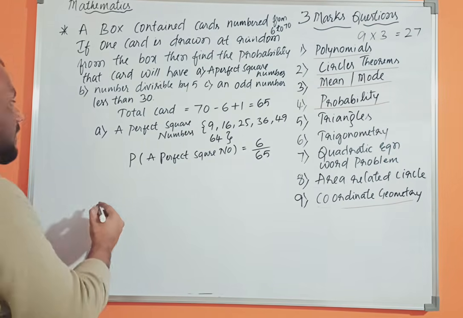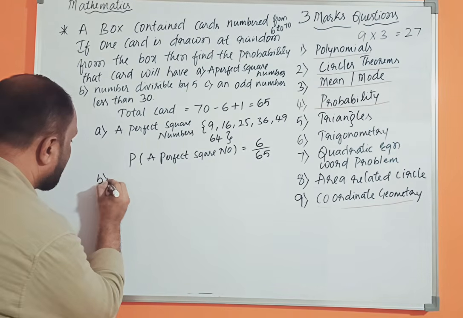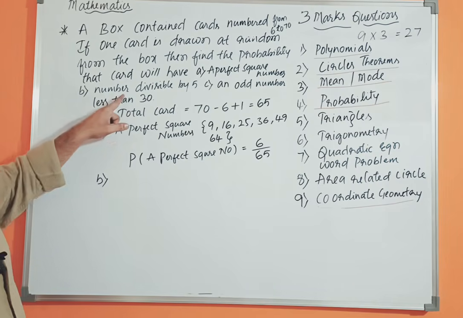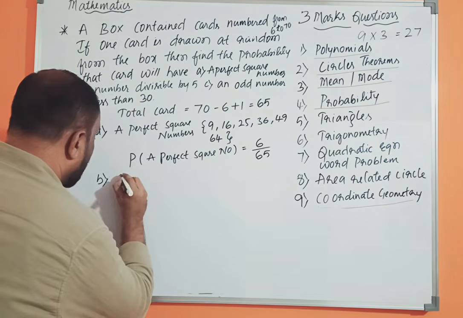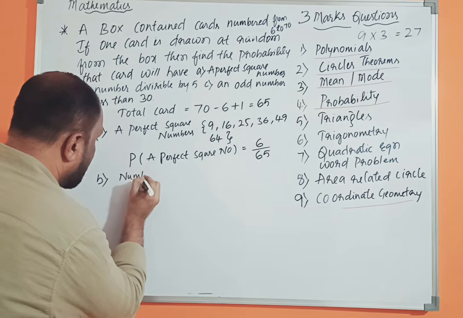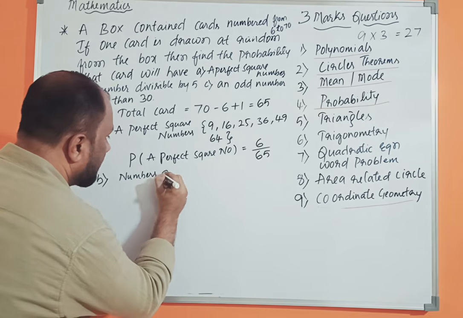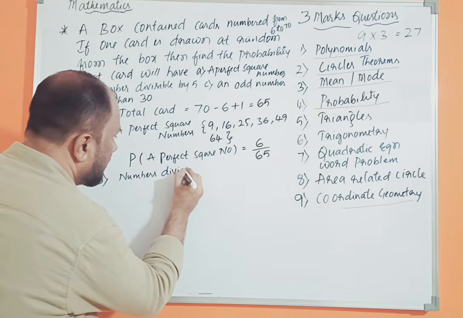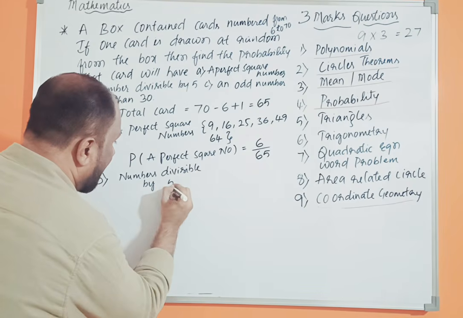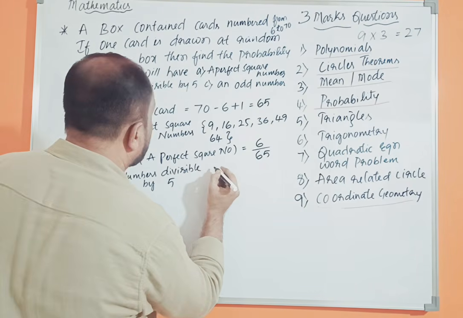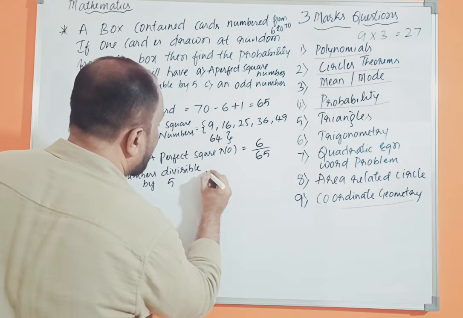Then the second one, B, numbers divisible by 5. We will count how many numbers are divisible by 5.